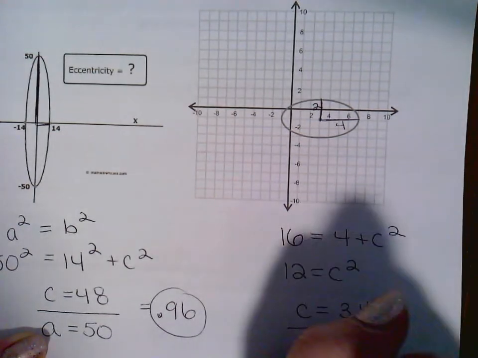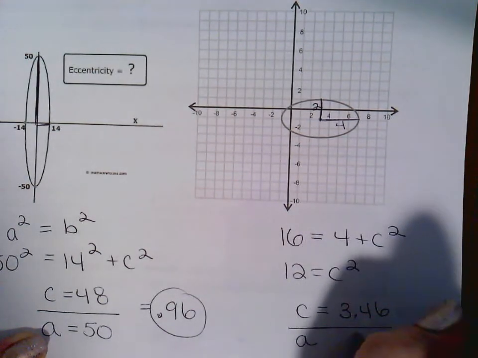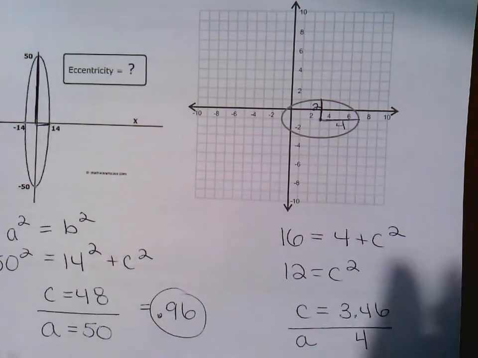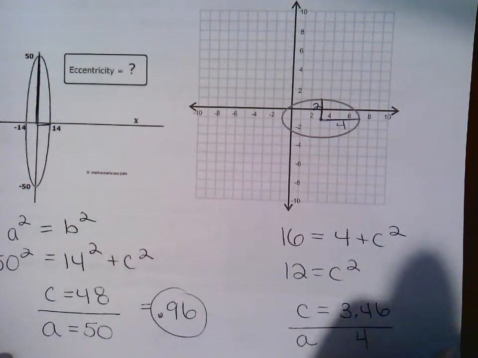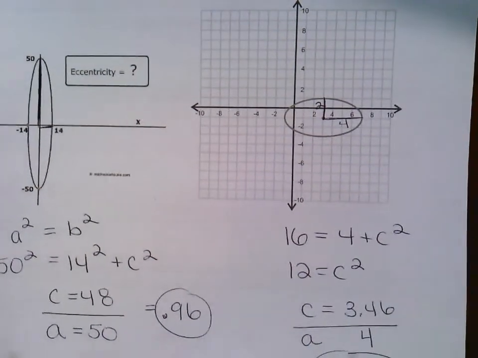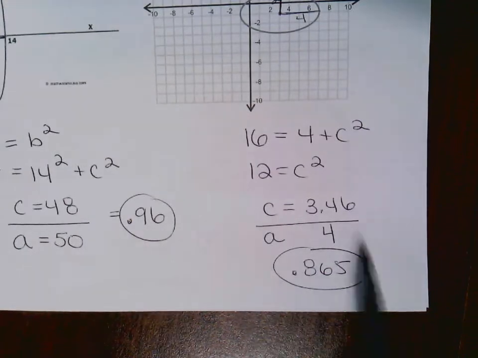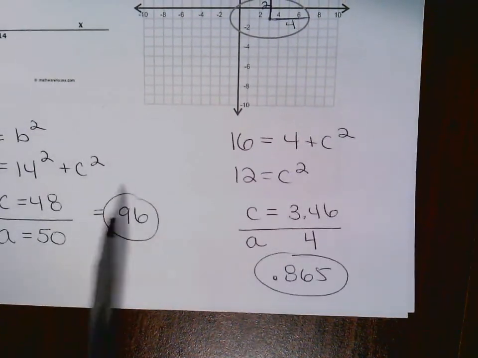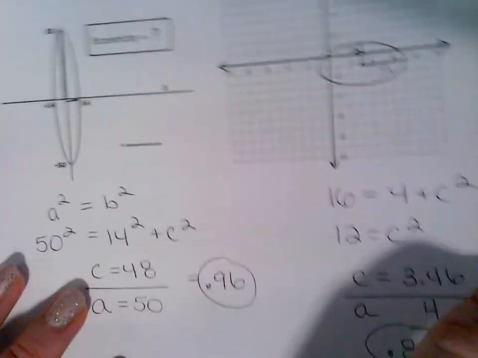I'm dividing by an A value of 4. This is still pretty elliptical. 3.46 divided by 4 is 0.865. So these are both very elliptical, very elongated. This one is slightly more so. This is a really, really narrow ellipse. So that is what you need to know about eccentricity.